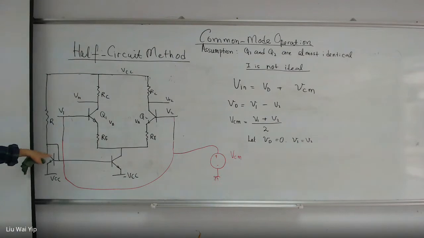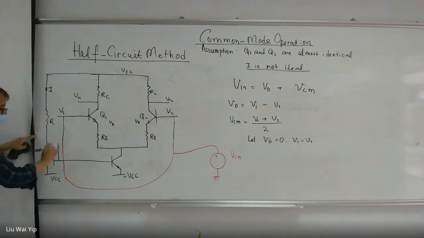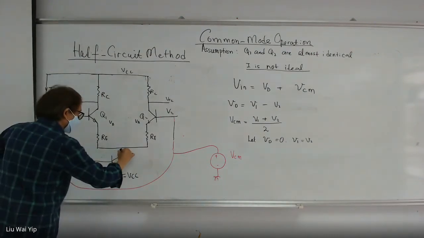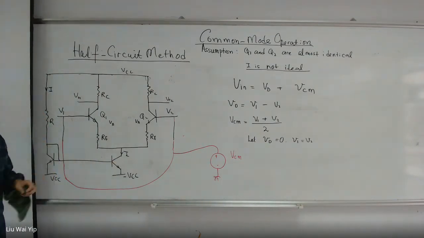This is the way we construct the current source. We use the current mirror. It has a function: it copies the current from this branch into here. So if this one is I, then this one is also I.